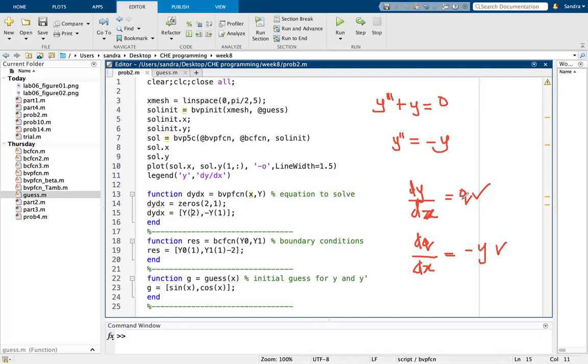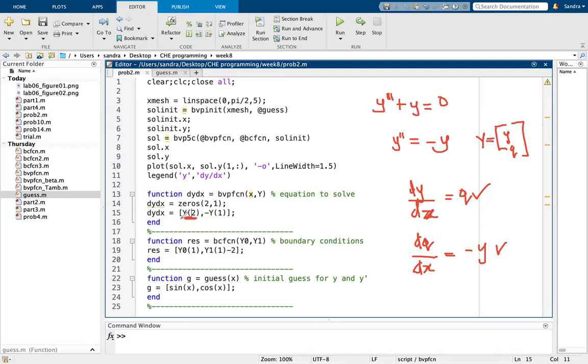How do I write it? What is q? If I have a vector like this, my first entry will be y, and my second entry will be dy by dx, which is nothing but q. Okay, this is how my output vector should look like. In my output vector, capital Y, the second entry is q.